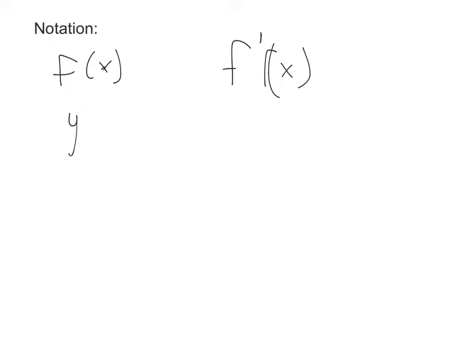If I want to find the derivative of y, sometimes we'll usually see it this way. And what does this mean? Well, this is kind of the way we read it, we say dy dx, but what it means is this is the derivative of y with respect to x. Sometimes we'll just look at it like that, y prime, just like the f prime.